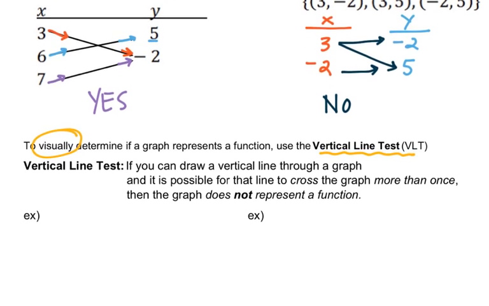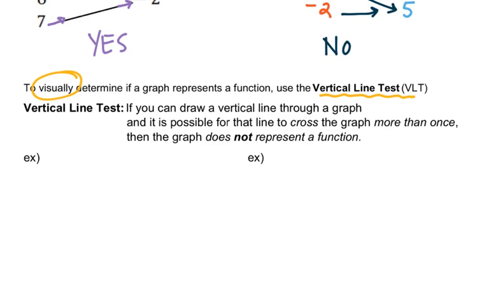What the vertical line test says is that if you can draw a vertical line through a graph and it is possible to cross that graph more than once, then that graph does not represent a function.